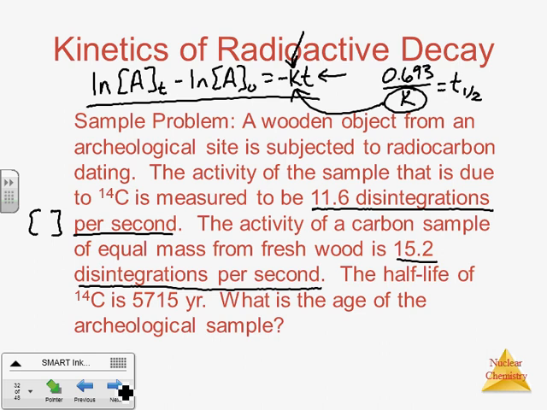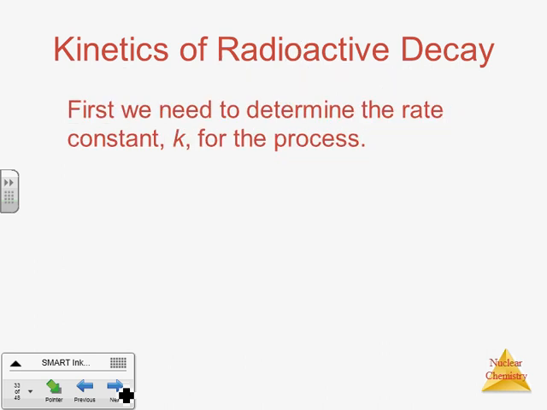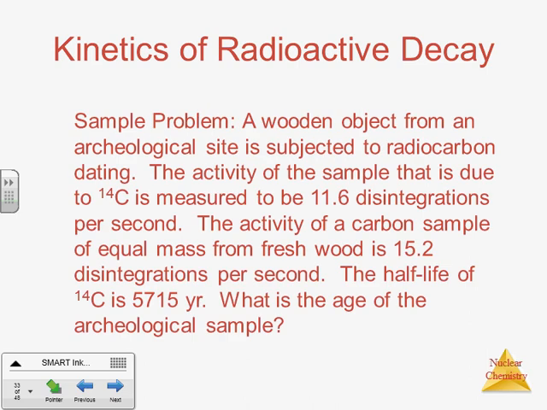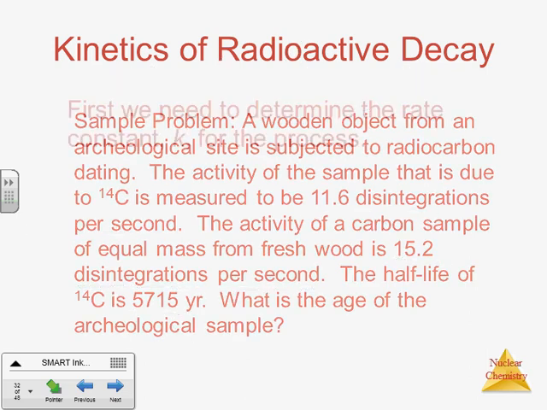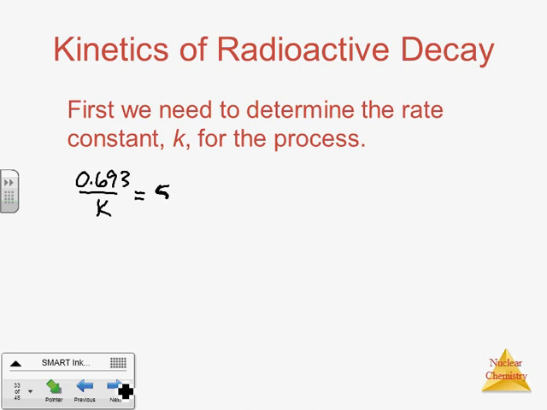All right? So 2 steps here that we're going to do. 0.693 over K equals the half-life, which, I can't remember what they said, 5,715 years is our half-life. So 5715. Once we solve for K here, be careful, you need to multiply both sides by K, and then divide both sides by 5715.